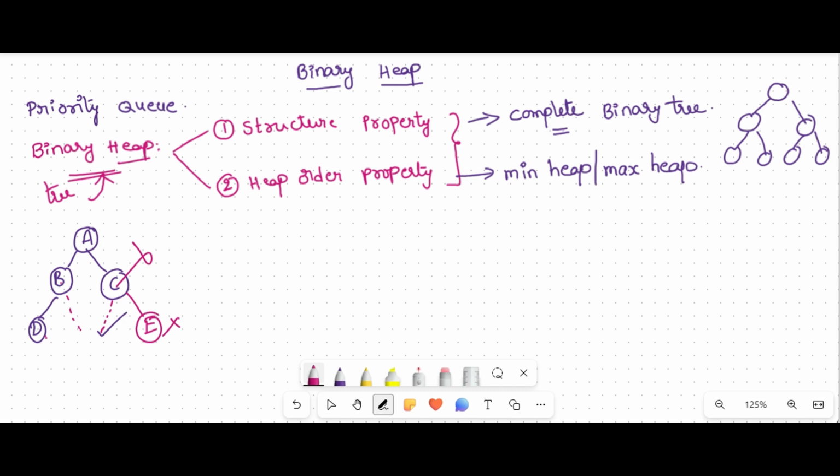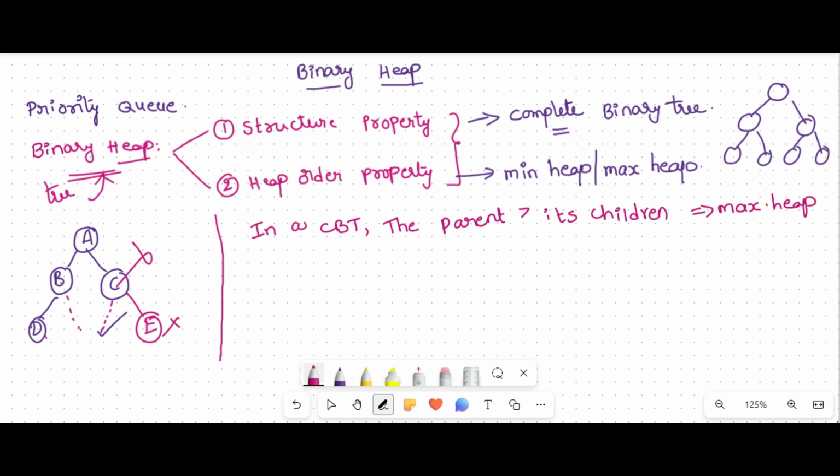Now see, what is a max heap and a min heap? In a complete binary tree, if the parent is greater than its children, then it is called a max heap.